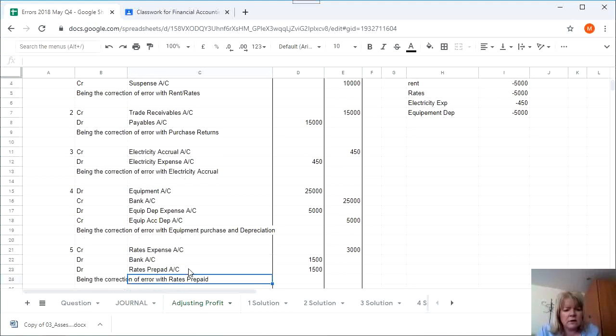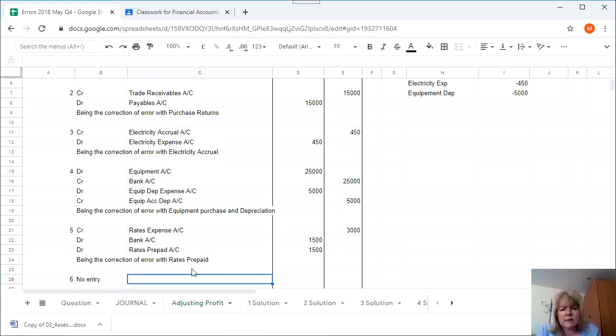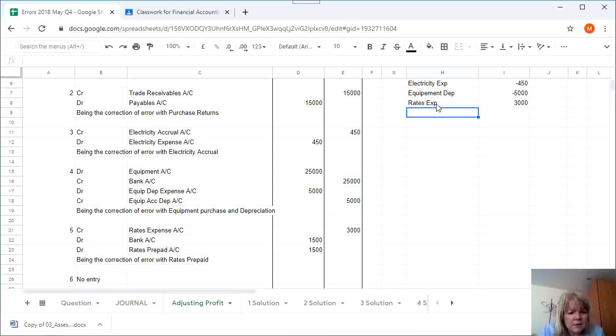Continuing down along, the rates expense, that expense account does affect profit, and this time it's a credit entry of 3,000. So I would be adding that to my income statement.